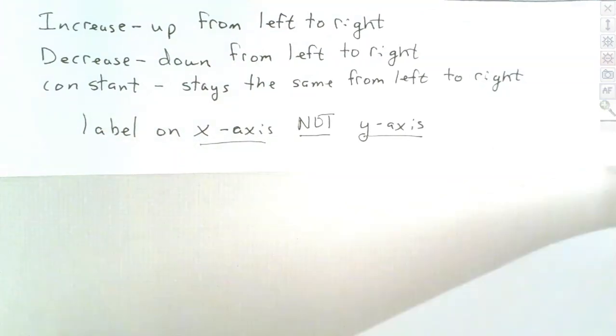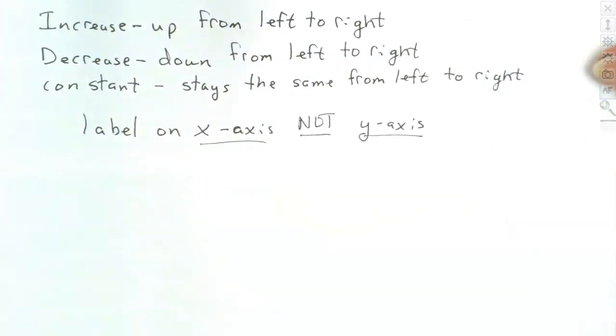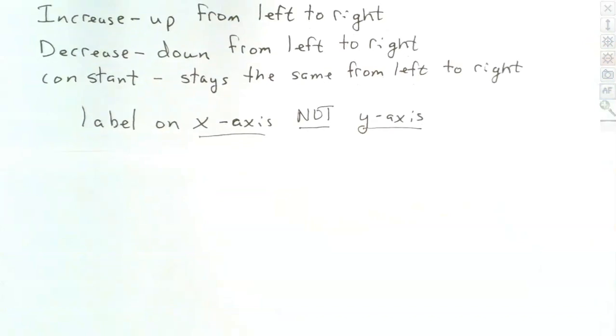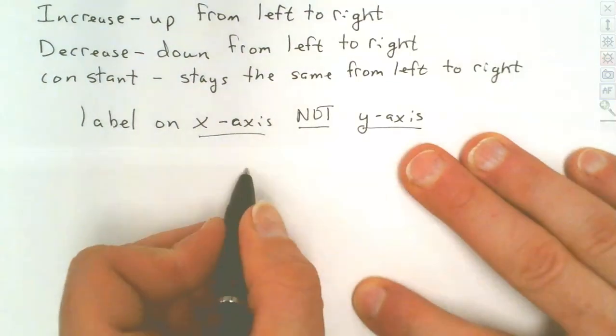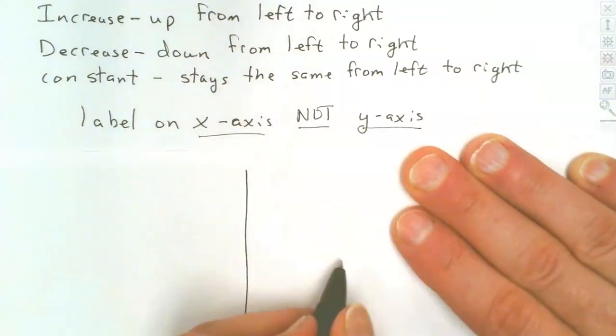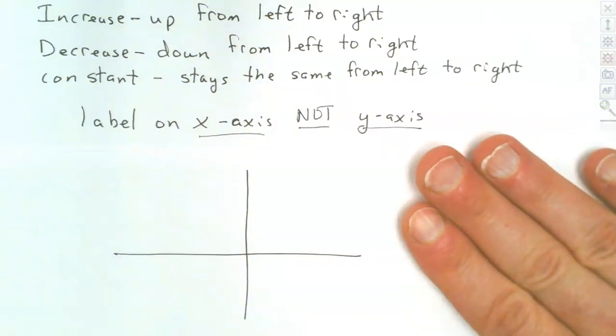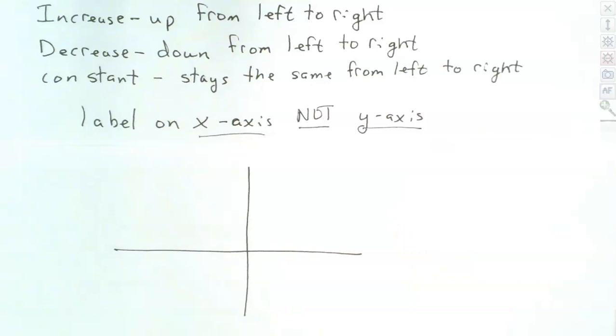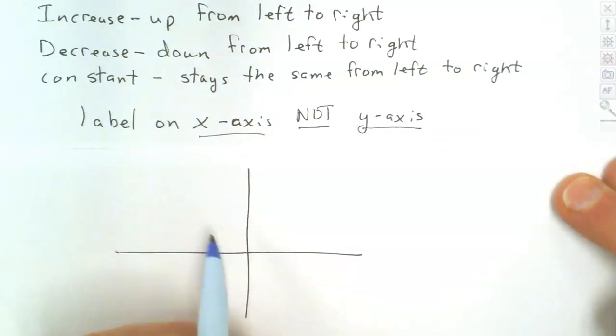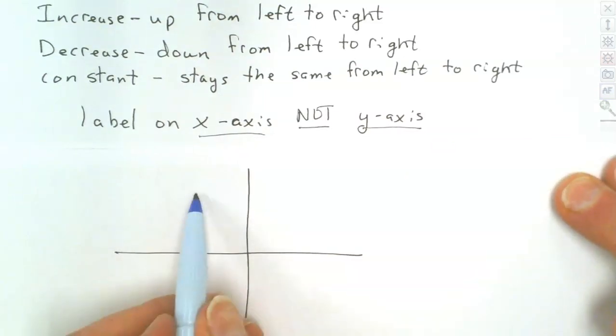So I'm going to give you a function, and you're going to tell me where this function increases, decreases if it does, and is constant. And it may not have all three, it may just have two of them. Okay. So let me just draw something here.